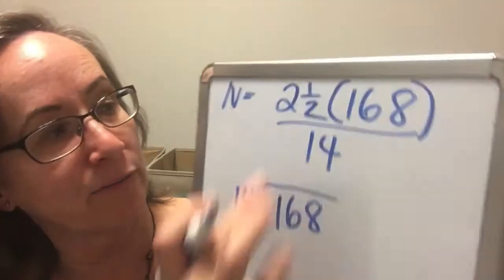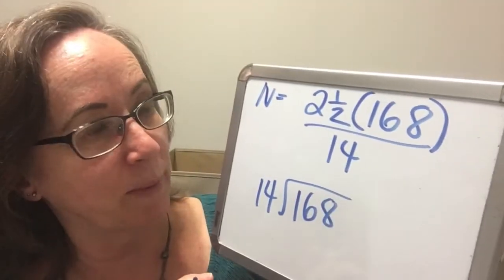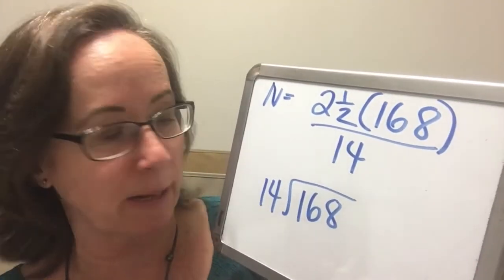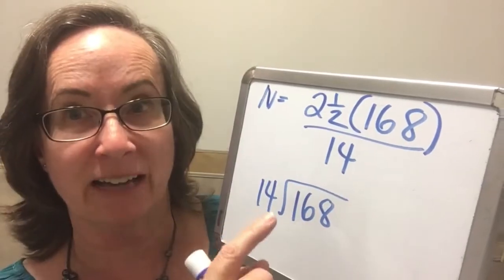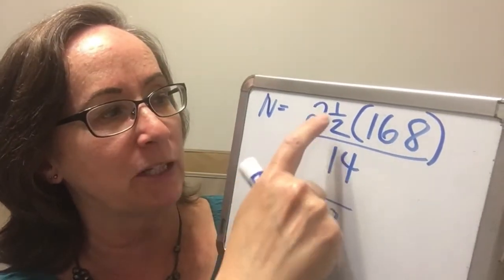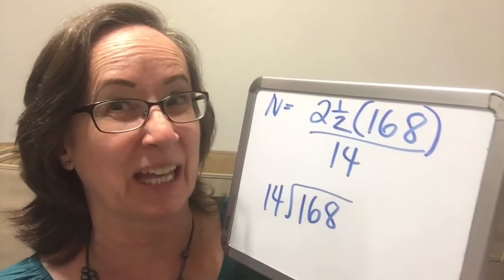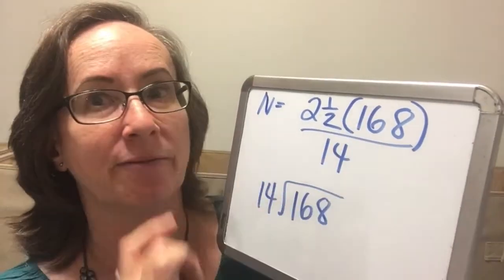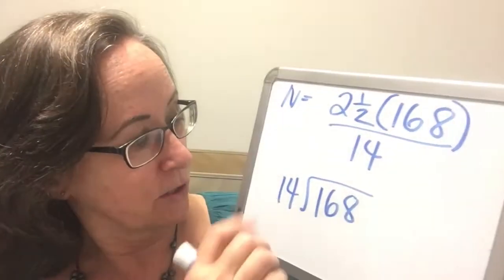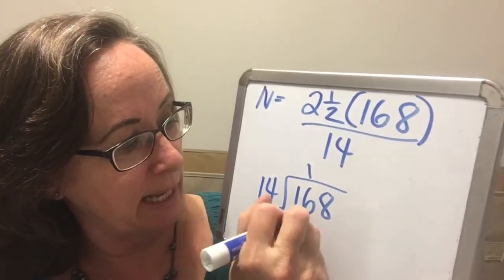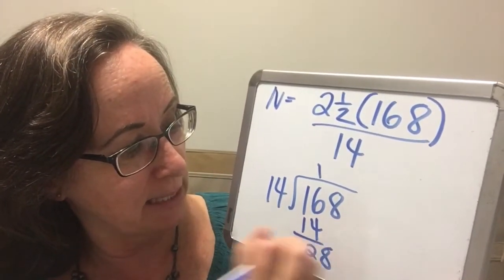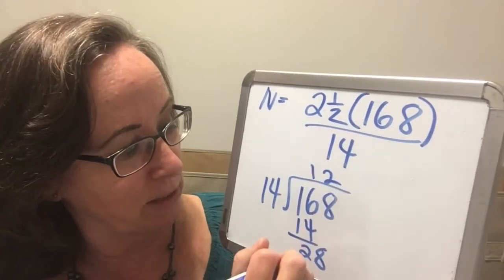Okay, so here I've written my problem after we had simplified it with those zeros coming off. And now I'm going to see, does 14, I'm going to divide first because if I multiply 2.5 times 168, I just get a bigger number. What if I divide first? I can. So I'm going to divide 14 into 16 is 1 times 14, and then I get a 28, which is going to be exactly 2 times.